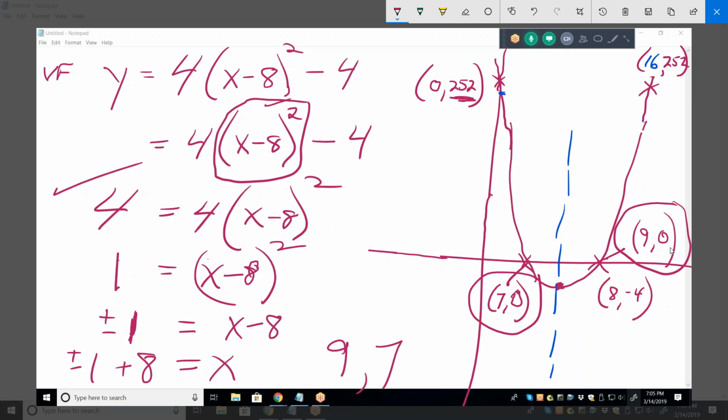3 points do define a parabola, without a doubt. And it doesn't matter where they're at. You give me these 3 points and tell me it's a parabola, and I'll give you the equation of that parabola. Okay? But your 3 ideal points are your vertex and probably your X intercepts.